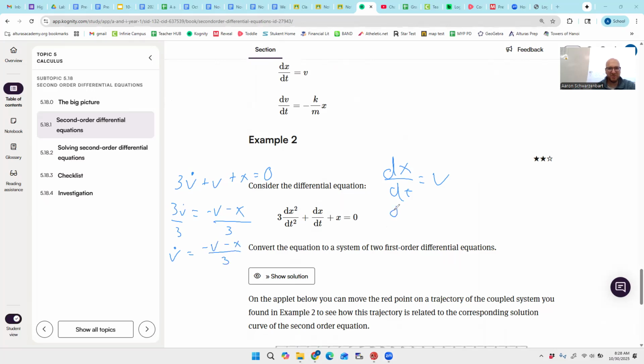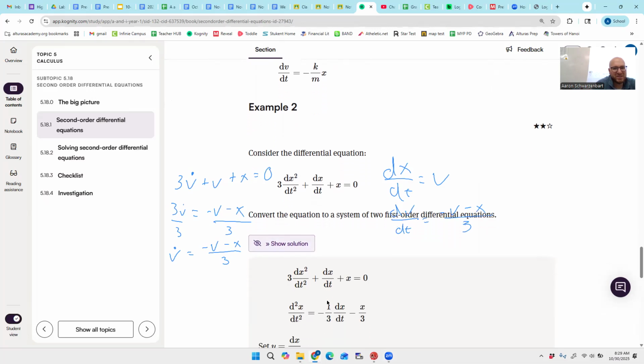Getting this in what we're used to as a coupled differential equation, or at least semi-used to. Now I've just got a differential equation that I've solved in 5.17. Okay? It's not actually that bad, is it?